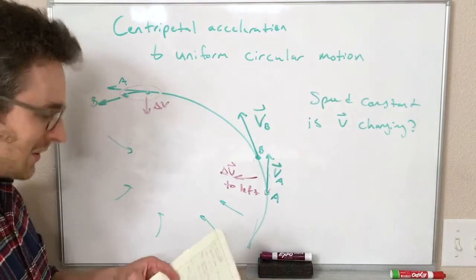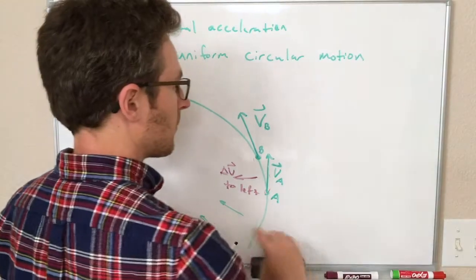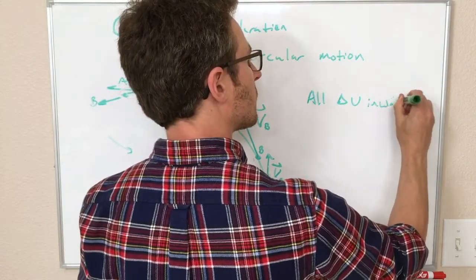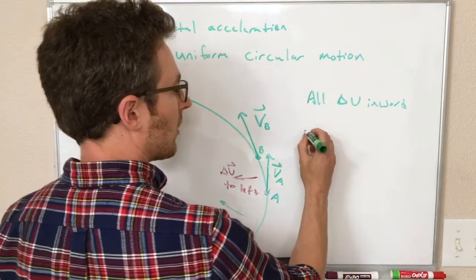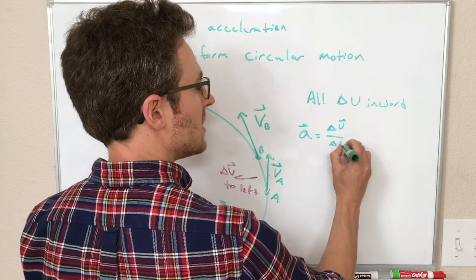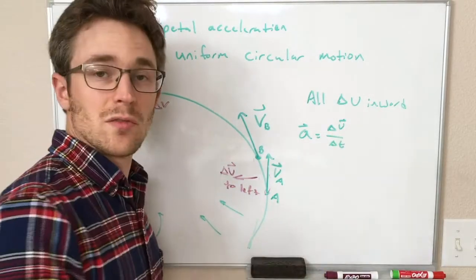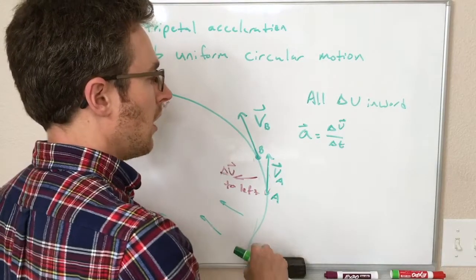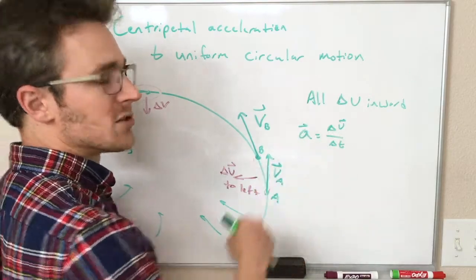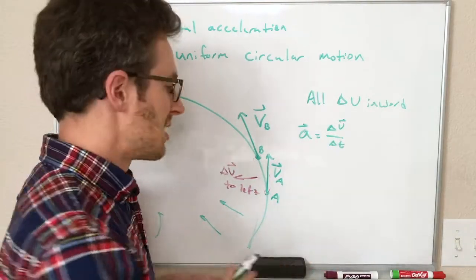If all of our delta V's are inward, remember that our acceleration is equal to delta V over delta T, which means that the direction of delta V is the same as the direction of the acceleration, right? That's just a property of these vectors. If we have vectors on two sides of the equation, they both have to be pointing in the same direction.